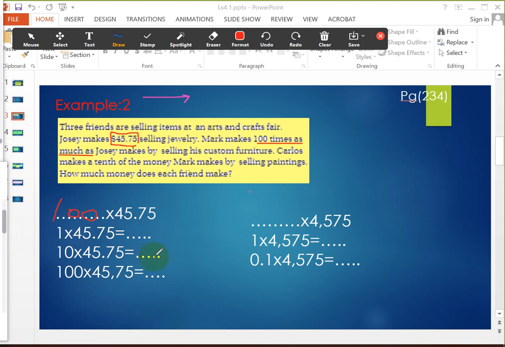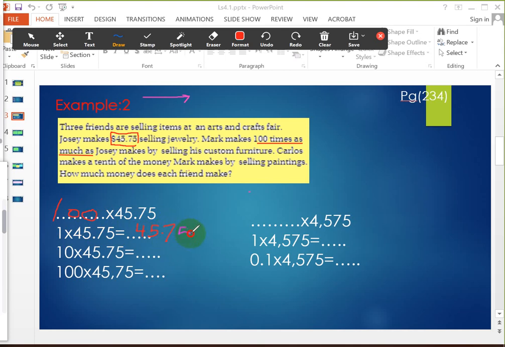Actually you can find the answer directly without doing this pattern, but let's follow the pattern as written in your book. When we multiply 1 with any number, it will be the same number. That means 45.75 times 1 will be 45.75.